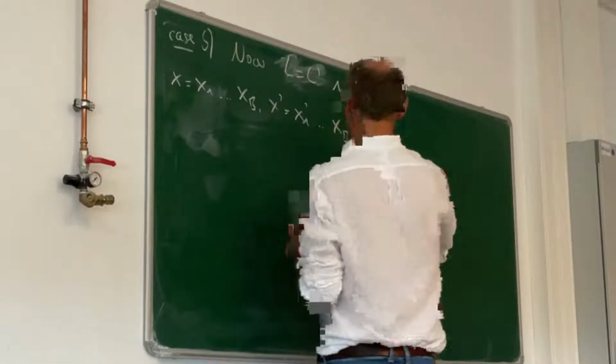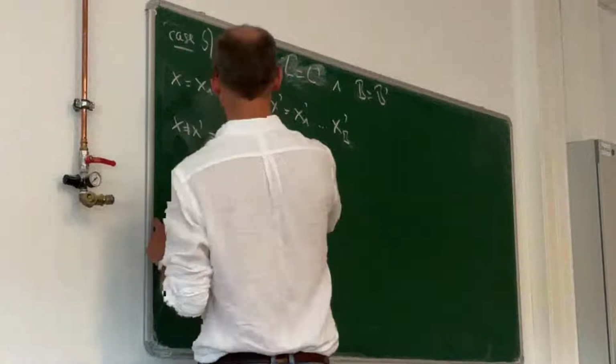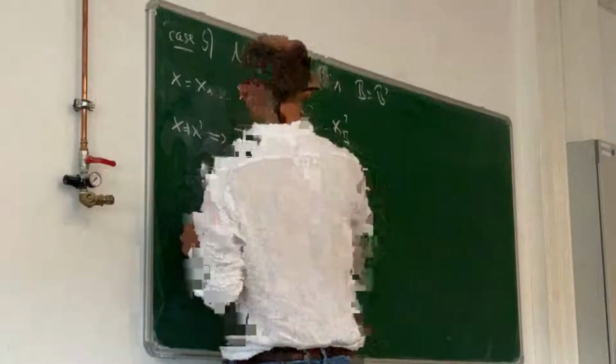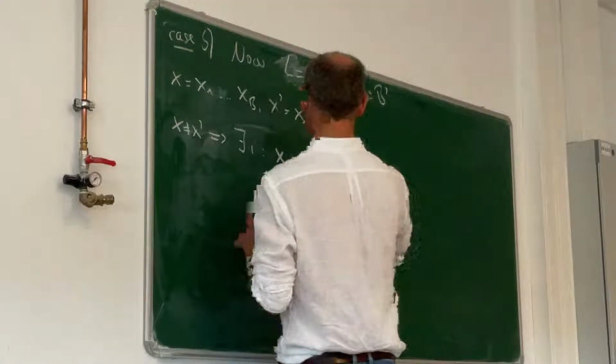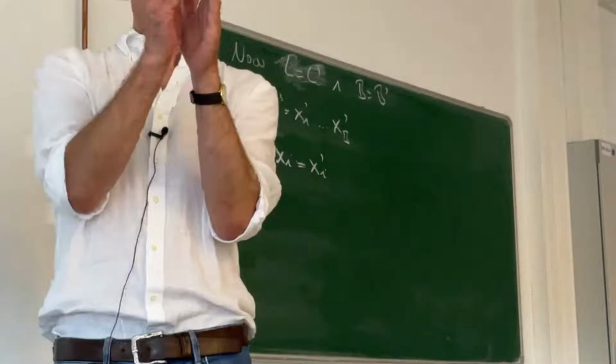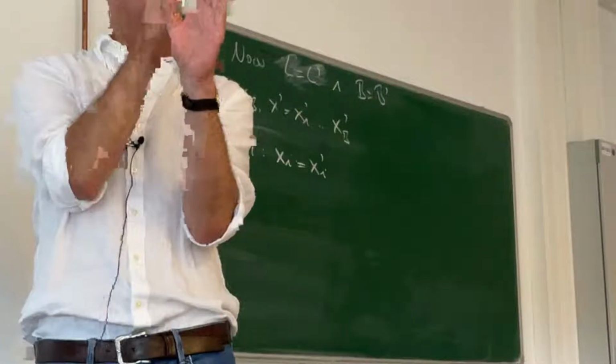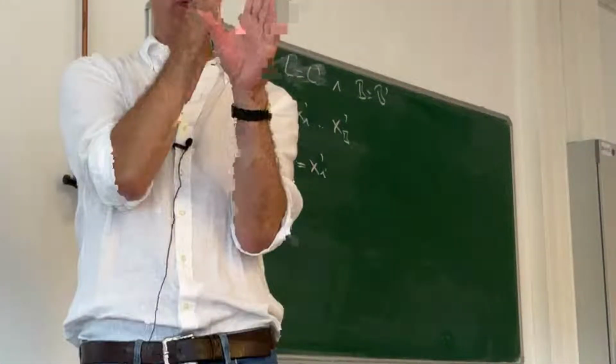So since x is not equal to x prime, we know that there exists an i such that xi is not equal to xi prime. The padding cannot destroy this, because they have the same length, so I append the same number of zeros to both of them.